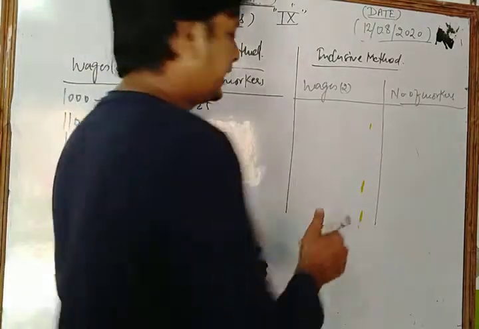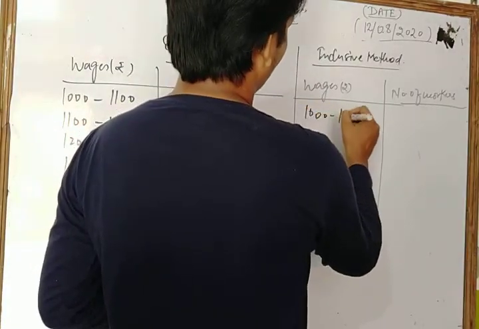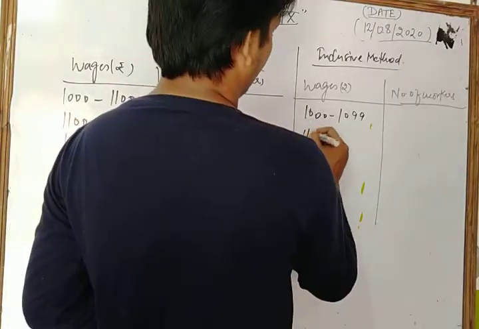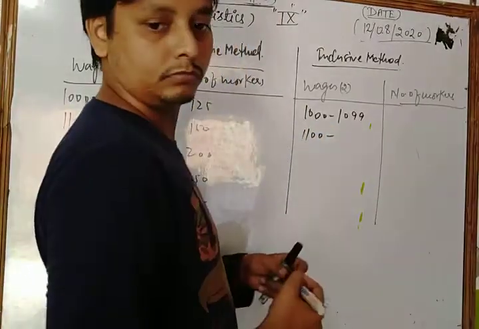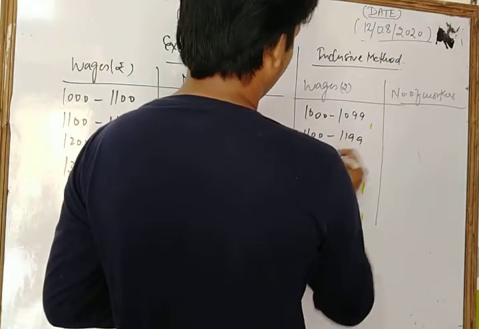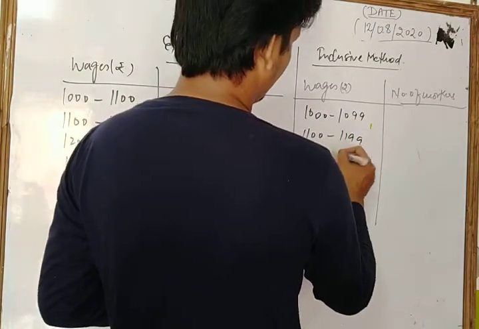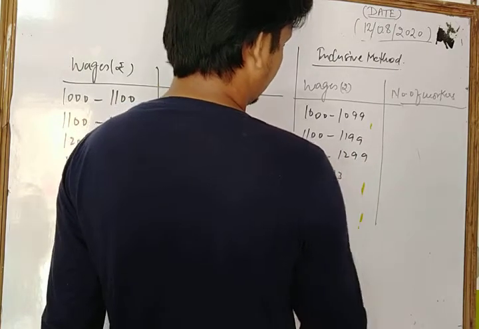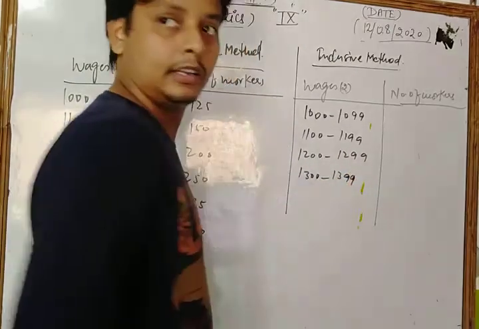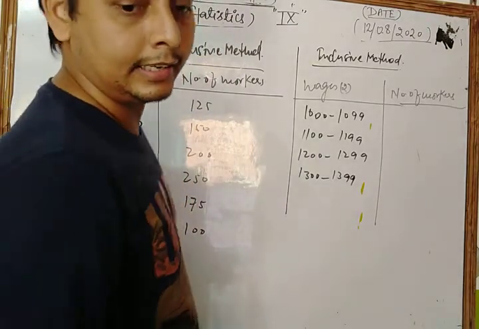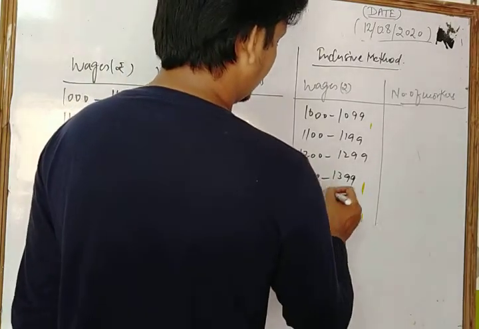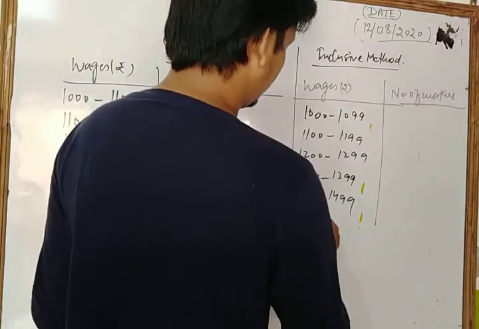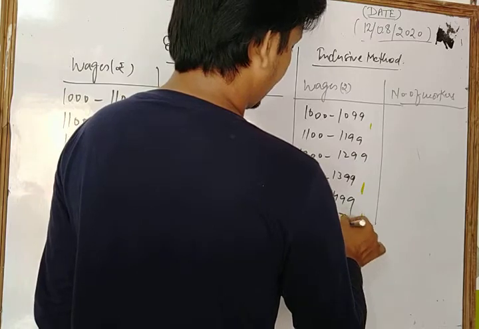Let's see, we write 1000 to 1099, 1100 to 1199, 1200 to 1299, 1300 to 1399, 1400 to 1499 and 1500 to 1599.